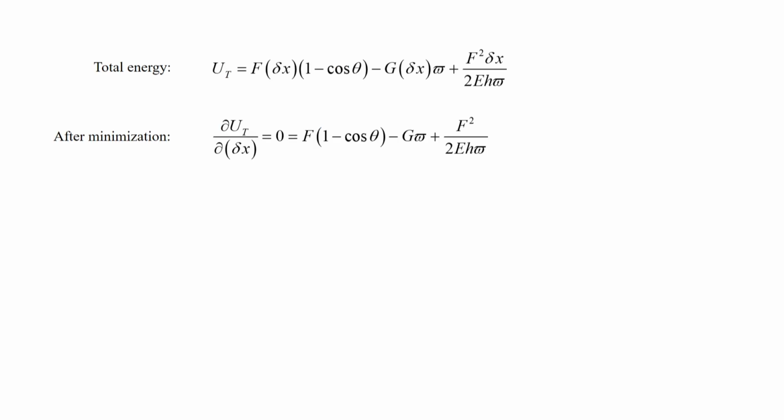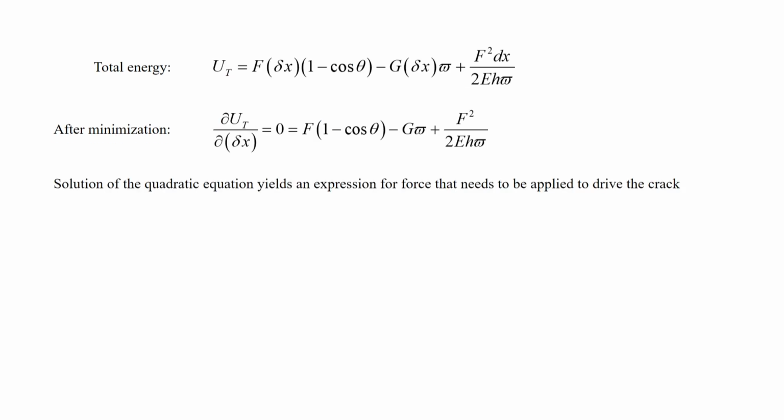So, we have this equation over here, and as you can see, this is a quadratic with respect to F by W. Basically, we can write F by W whole square, plus 2 F by W into 1 minus cos theta, and I have multiplied all the terms by 2 EH and divided by W here, and minus G into 2 EH, this is equal to 0.